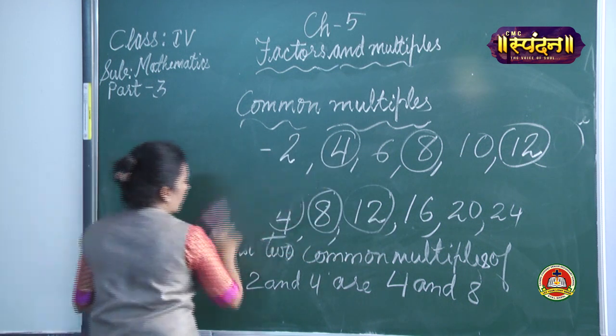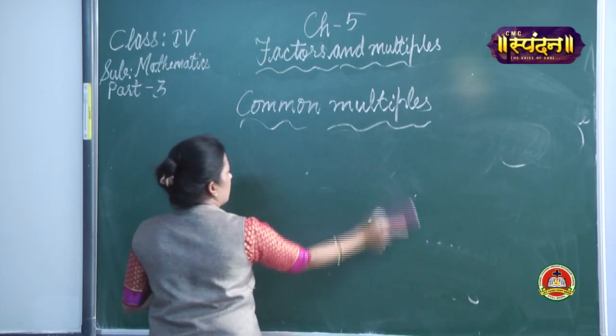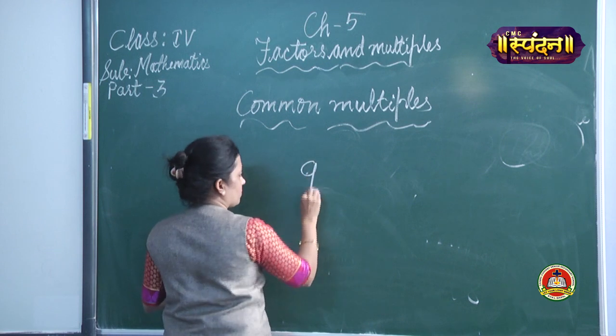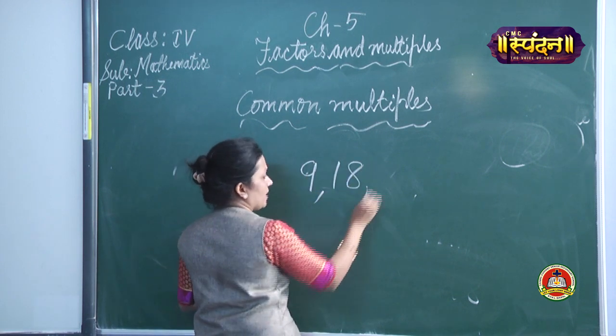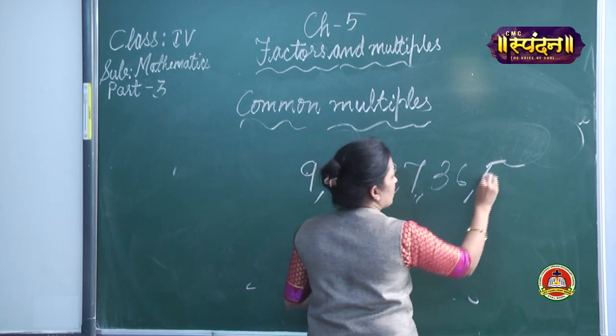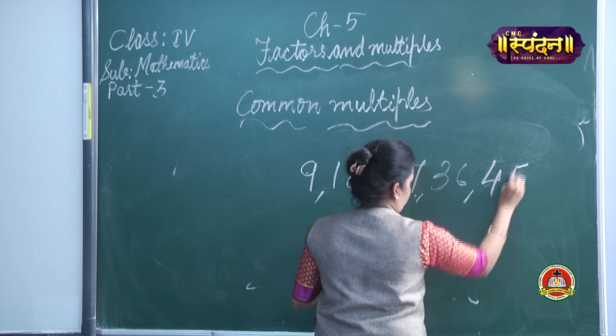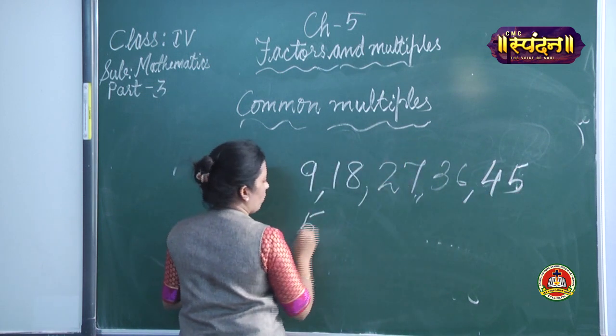So let me just quickly do the 9 table also. 9 ones are 9, 9 twos are 18, 9 threes are 27, 9 fours are 36, 9 fives are 45, 9 sixes are 54.